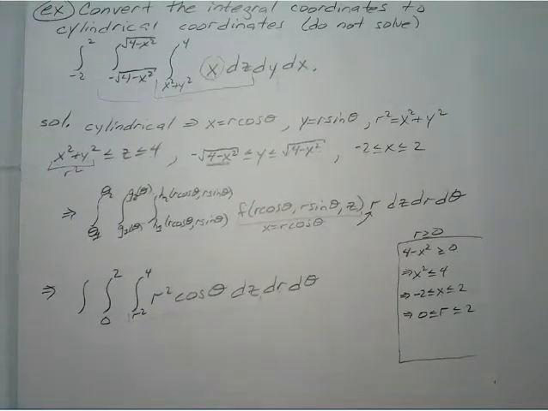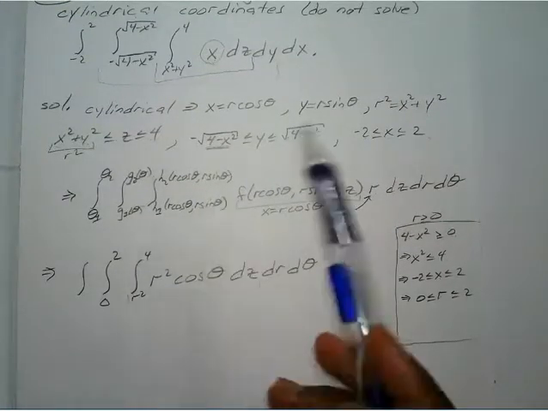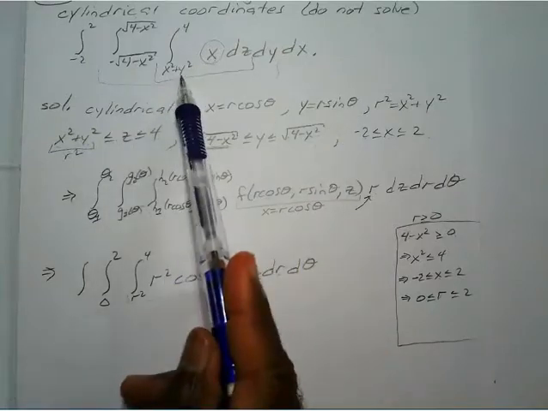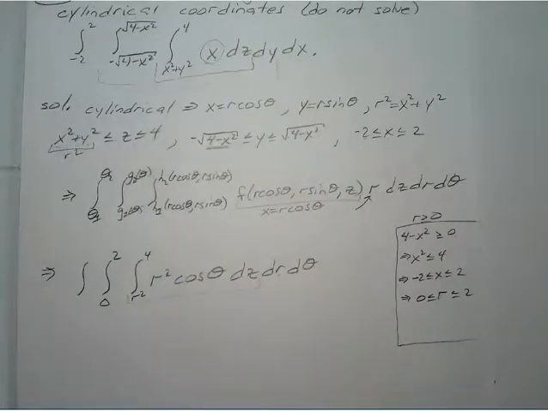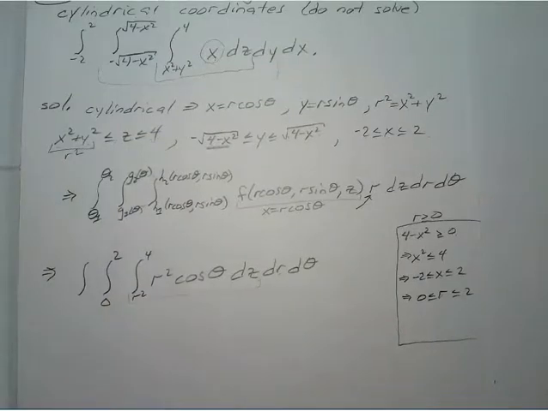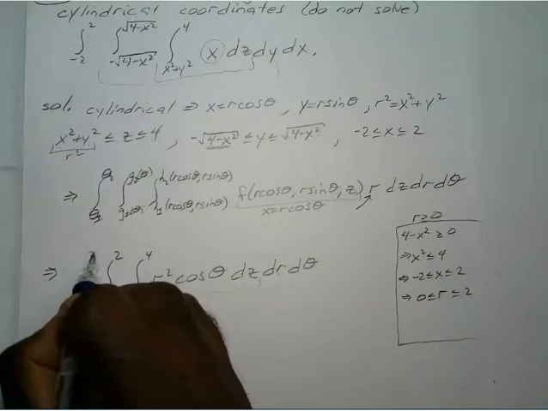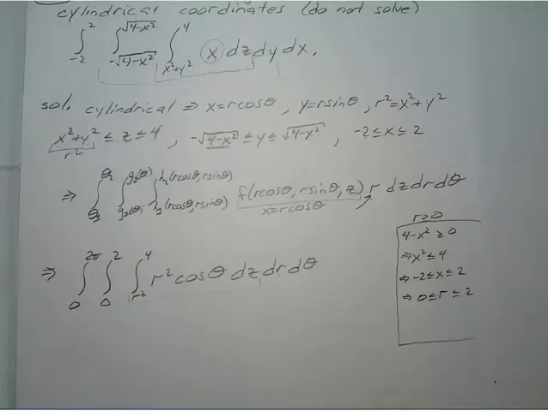Now for our theta, x squared plus y squared is the equation of a circle, so theta is going to go from 0 to 2 pi.